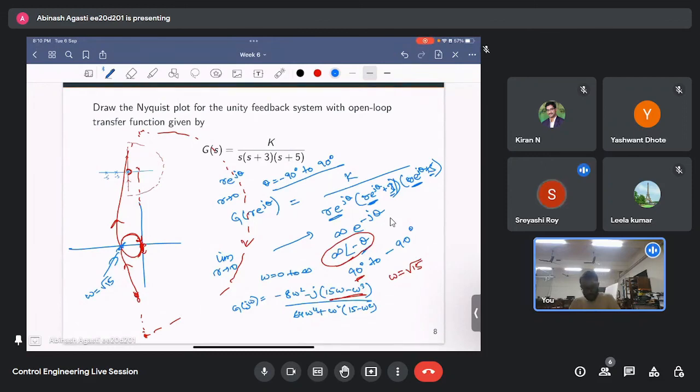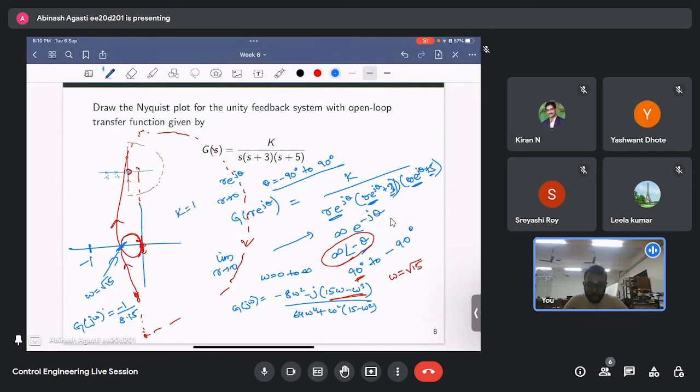Then what next? I can find out G(j omega) directly. That will be minus of 1 by some 8.15, I guess. So this is clearly less than -1 in magnitude. So there are no encirclements, but that is for k equal to 1.